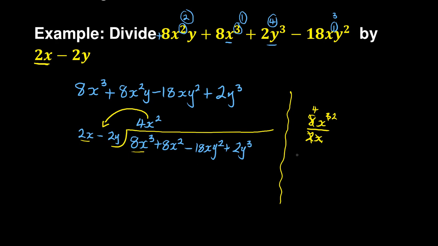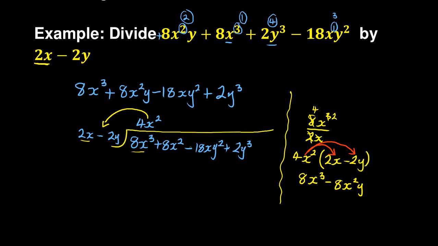So you'll have your 4x squared multiplying 2x minus 2y. Remember, you are expanding in this case, whereby the 4x squared multiplies that, as well as the 4x squared again multiplies that. So now you'll have 4x squared times 2x. You are going to get back your 8x cubed, and 4x squared times negative 2y is negative 8x squared y.